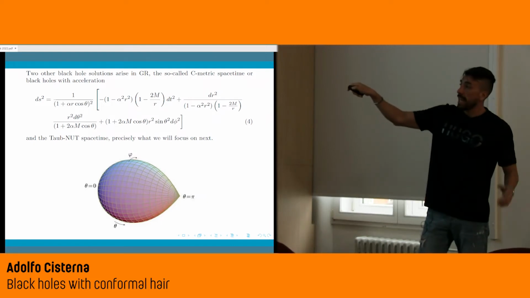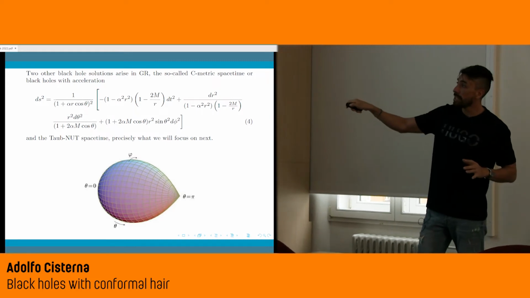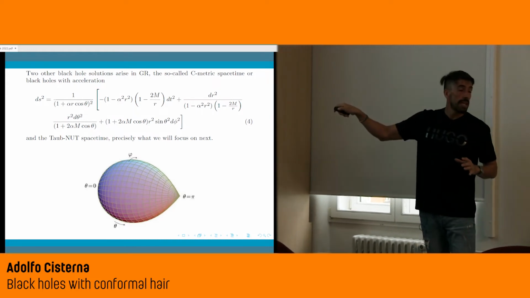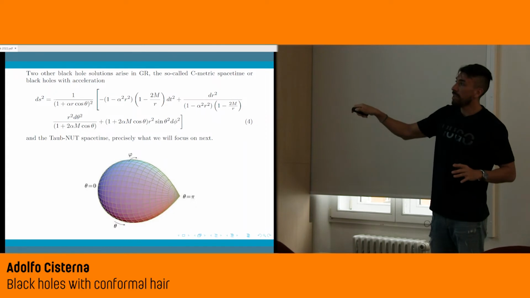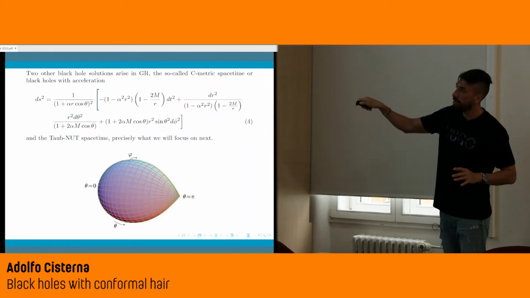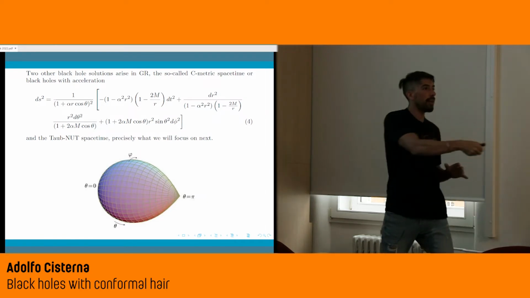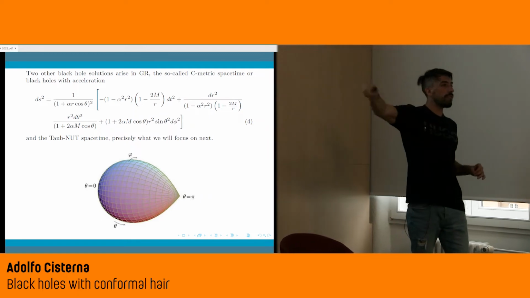Here there is a kind of conical singularity, some defect in the space-time that I am trying to represent by this point. It is understood that this defect acts as a kind of string or strut that is pulling my black hole all the way up to infinity.